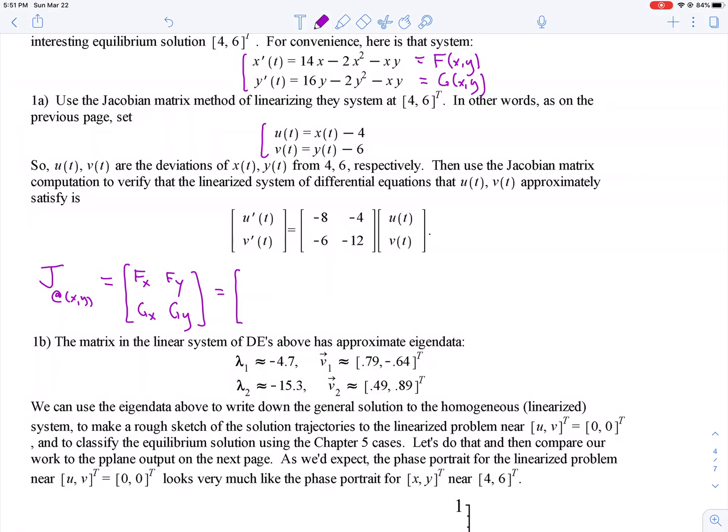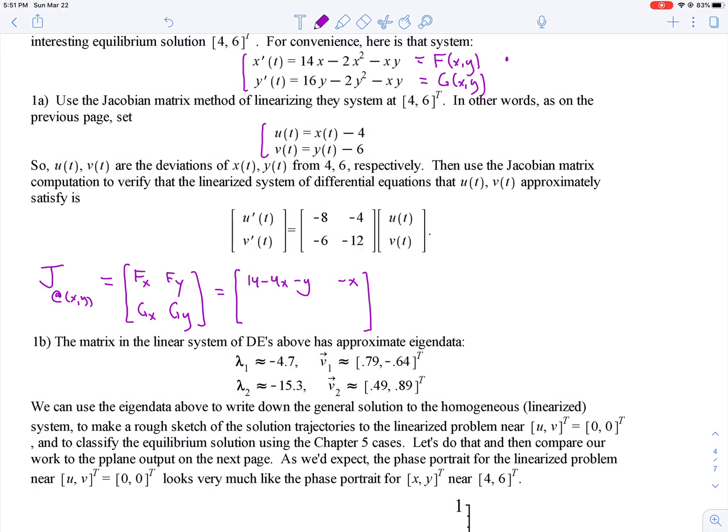Okay, f sub x, looking up at f of xy, partial f with respect to x is going to be 14 minus 4x minus y. F sub y, I only get the third term, and I get the minus x.